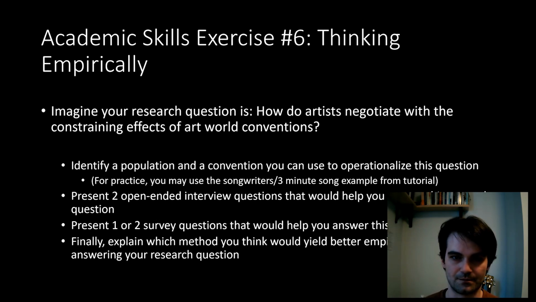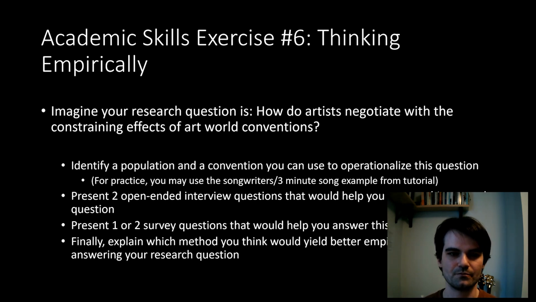If you feel bold and want to practice developing your own operationalizations of these concepts, feel free to do that. But if you want to practice more of the thinking-empirically side of this, you can just use the songwriters and the 3-minute song format example from the tutorial.